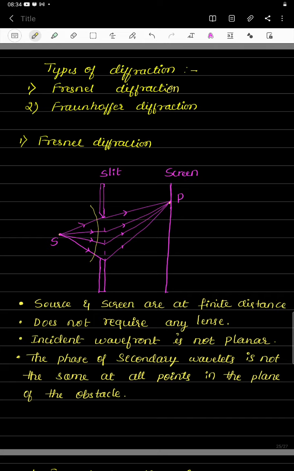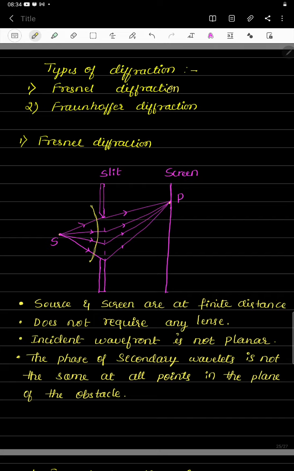Then the incident wavefront is there. So here this is the incident wavefront on the slit, which is not planar, meaning other than a plane. So it may have any kind of wavefront. In this case the incident wavefront is spherical.